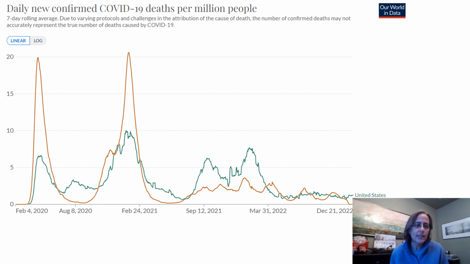And again, we see that big spike in the UK when the pandemic first hit, and then we see a big spike in the UK again with that huge surge that happened in the winter of 2021. And then the UK has a much lower death rate per million people than the United States for most of the interim, and now we're about the same.